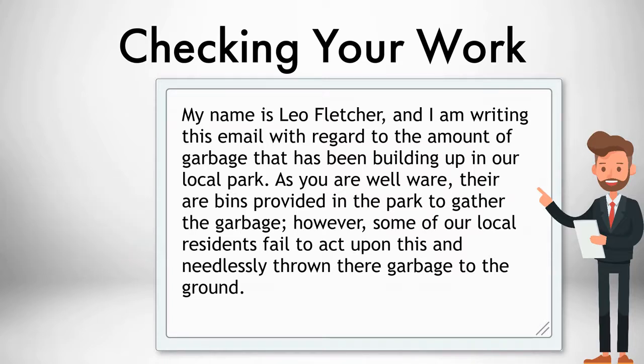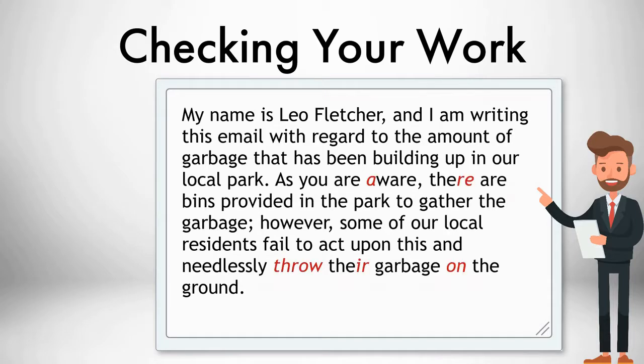Okay, stop. Did you spot the errors? Here's a corrected version now. As you can see, where should actually be aware. We've got 2 instances where the wrong spelling of there is used, and thrown should actually be present tense instead. And the correct preposition in this context is on the ground, not to the ground.